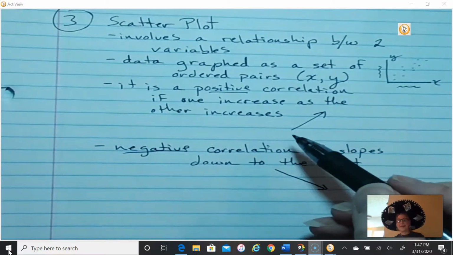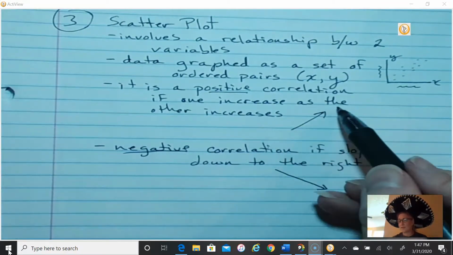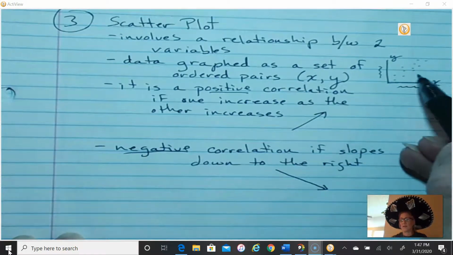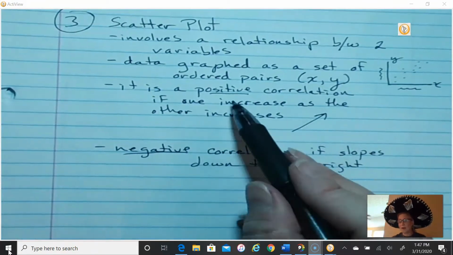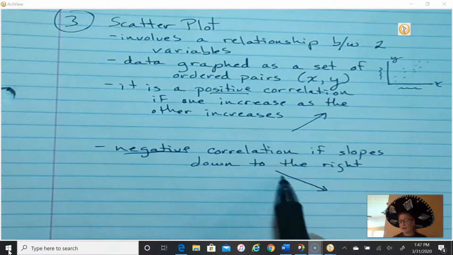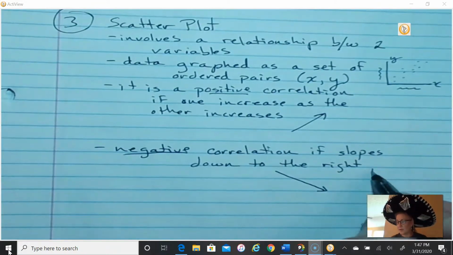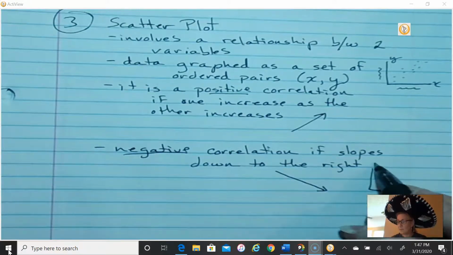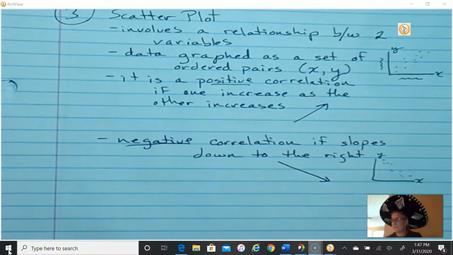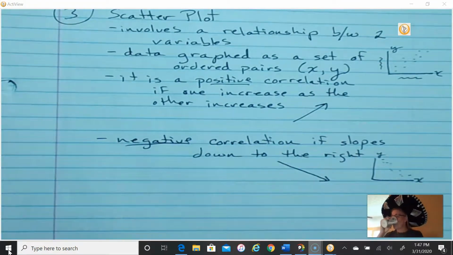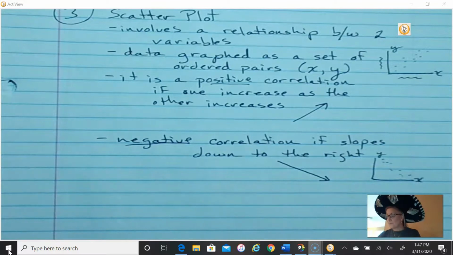So if your dots kind of form and they go this way, kind of like the example I gave you, that would be a positive correlation. Negative if they go the other direction. It'd look like this. Something like that. Okay.